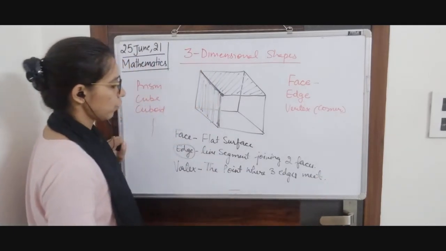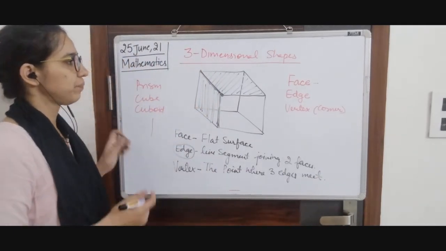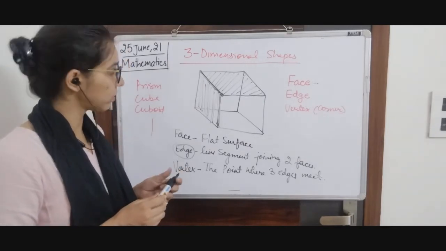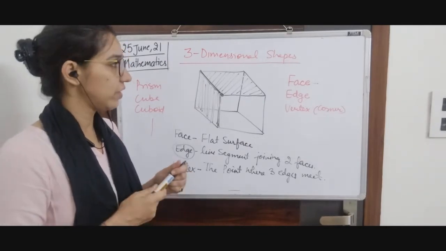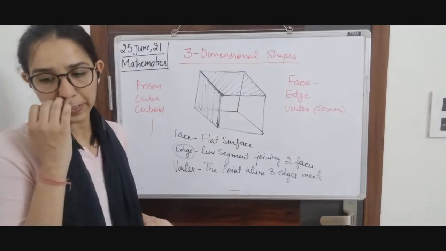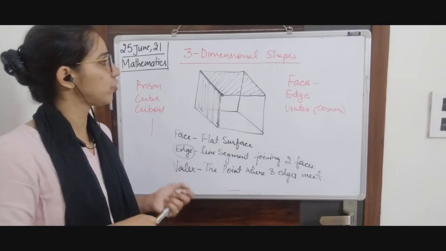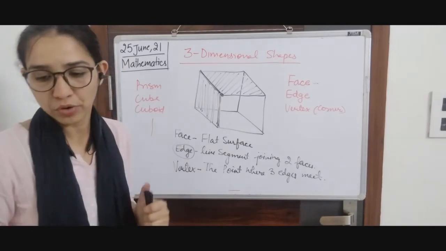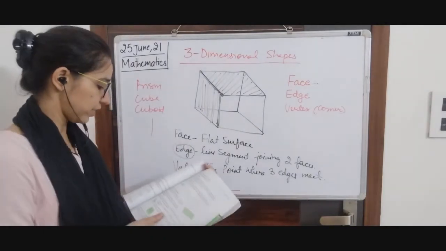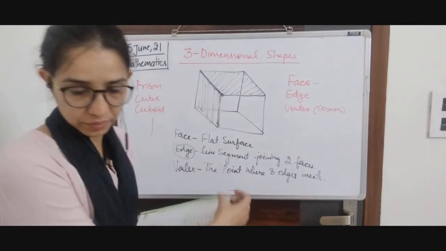So we have done all the three. We have covered all the three terms attached with the three-dimensional shape. These are face, edge and vertices. Now we are going to draw some usual three-dimensional shapes, and we are going to talk about the edges, faces and vertices of them.